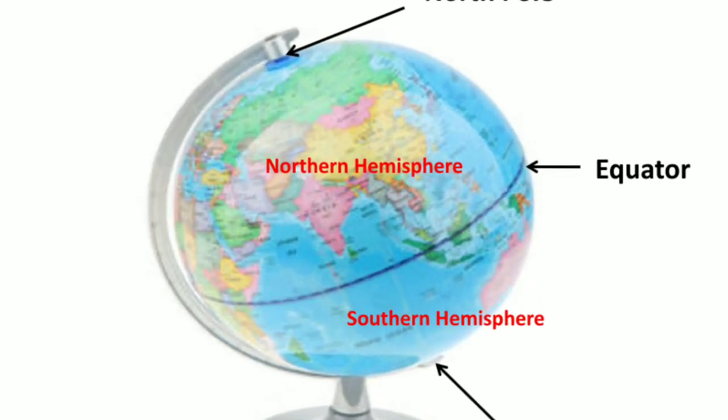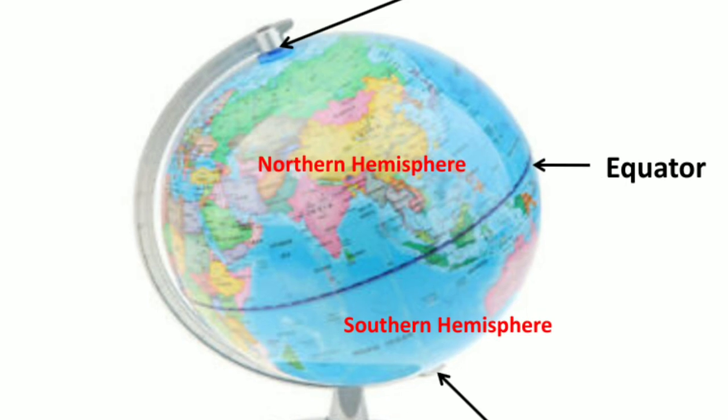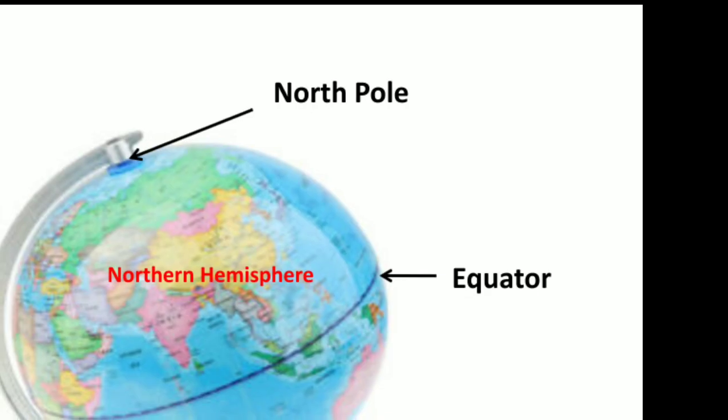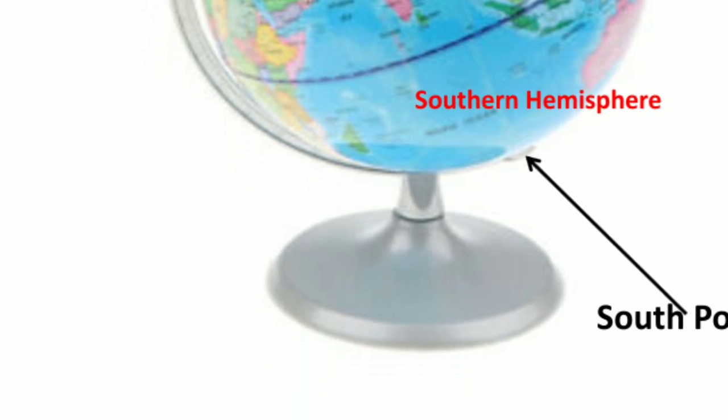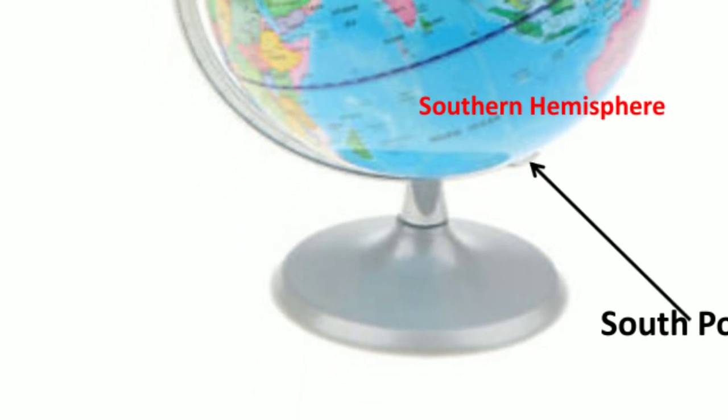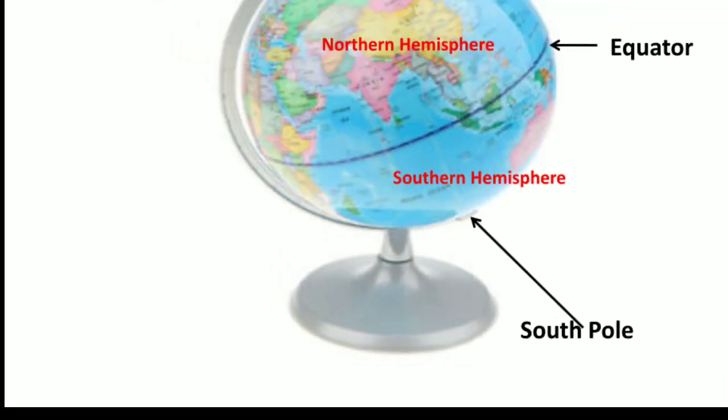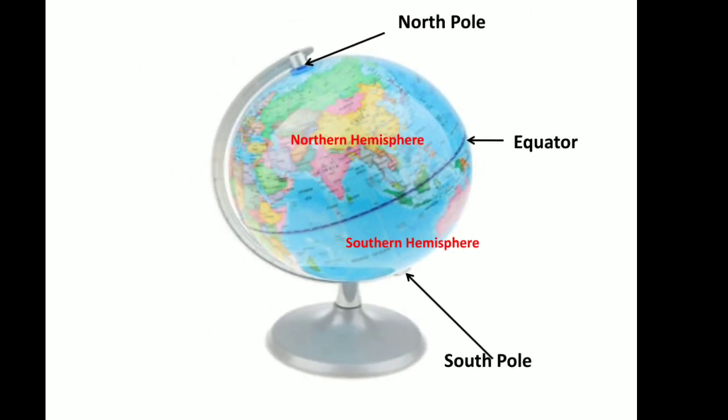Can you see the northern hemisphere? Yes. The above part of the equator is the northern hemisphere. Towards the northern side of the equator is the northern hemisphere, and towards the southern side of the equator is known as the southern hemisphere. I hope this is very clear to you now.